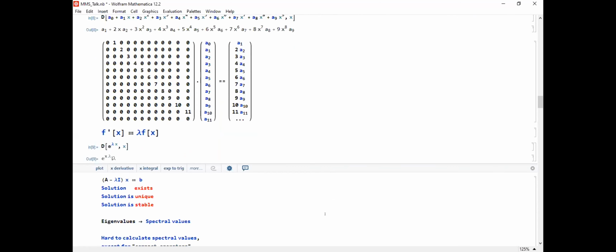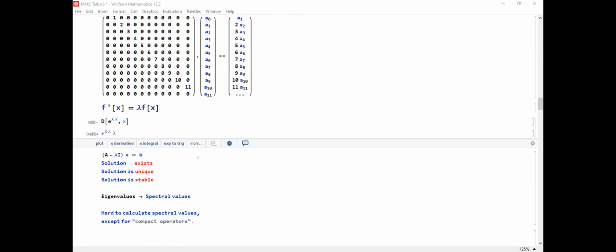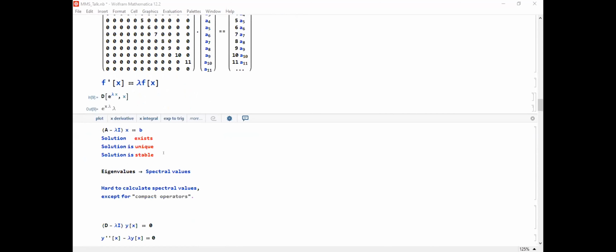Now, to bridge this gap between the finite case and the infinite case, you have to go to the gist of eigenvalues. And the gist, I think, is this one here.